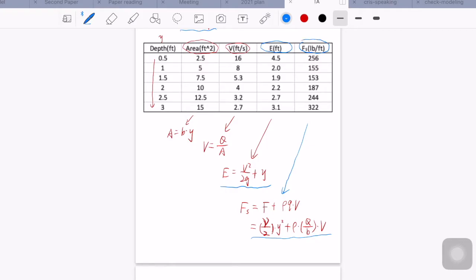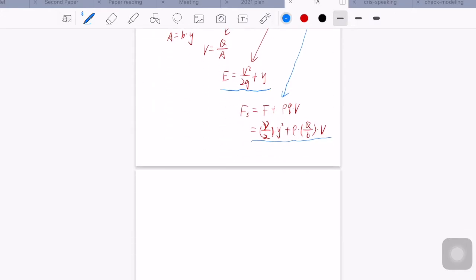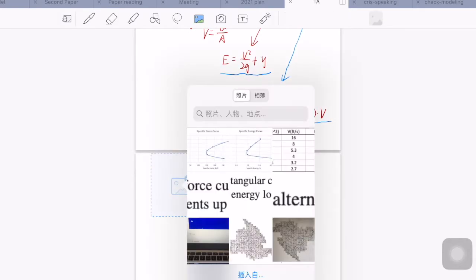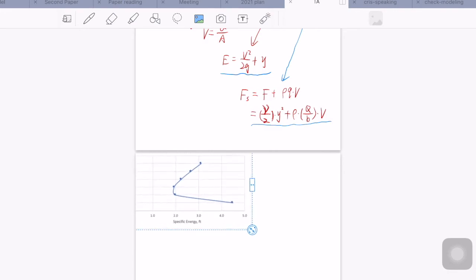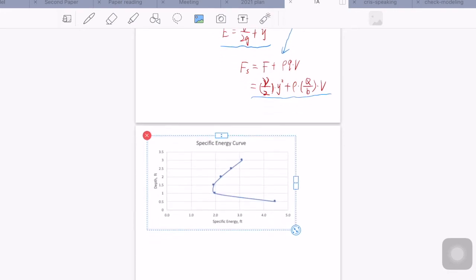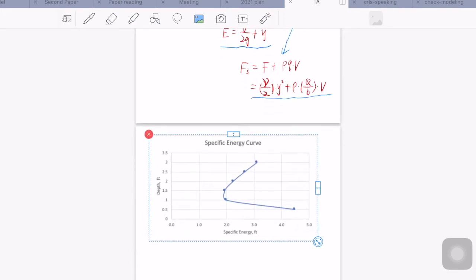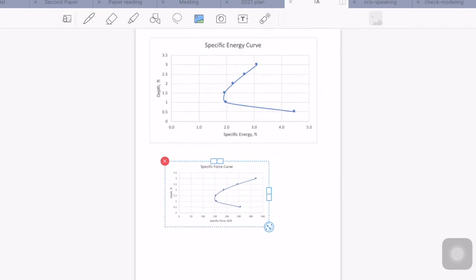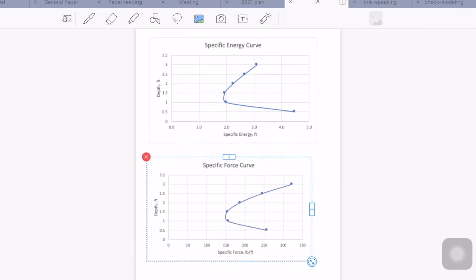And then from this table, we can create two figures to show the specific energy curve and the specific force curve. So this figure shows a specific energy curve, and this figure shows a specific force curve.